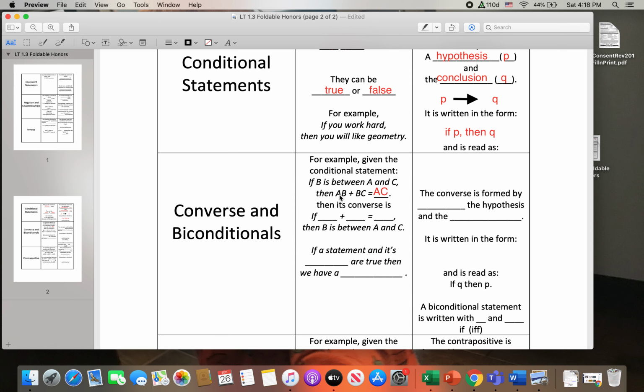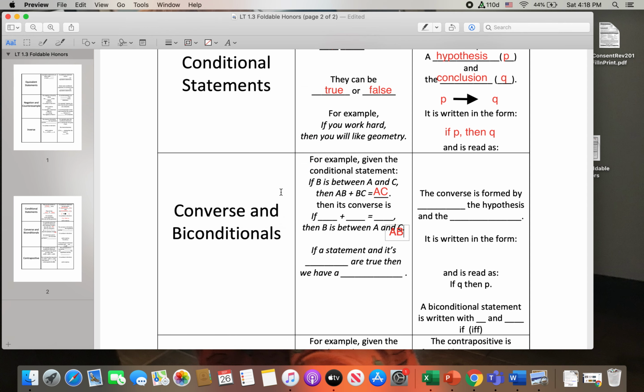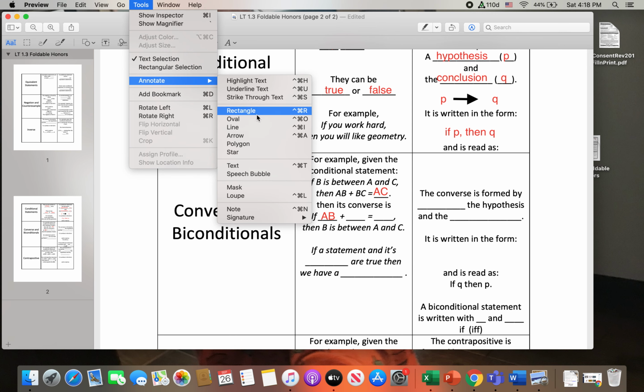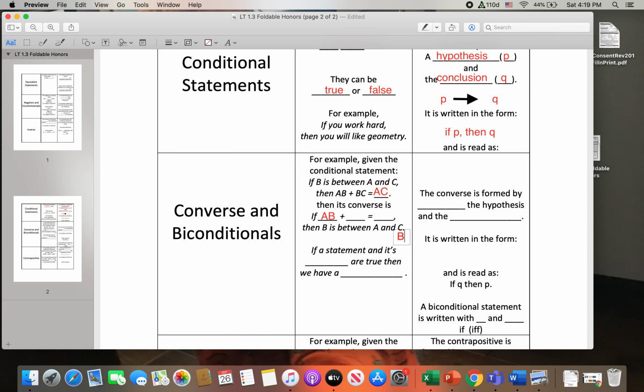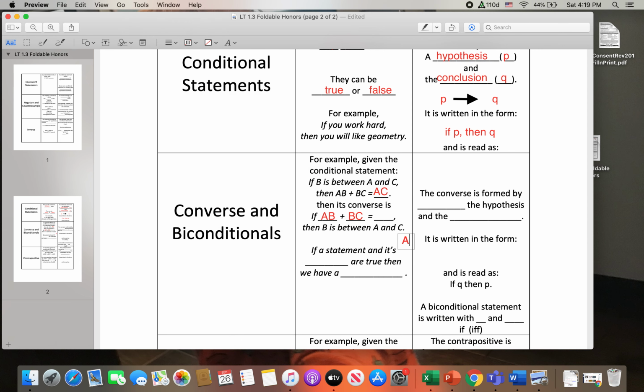And so if we reverse that, its converse is whatever was at the end starts at the beginning. If AB plus BC is AC.